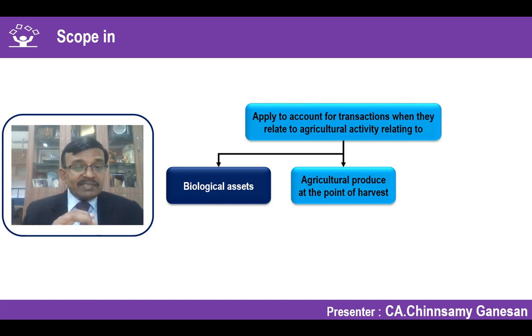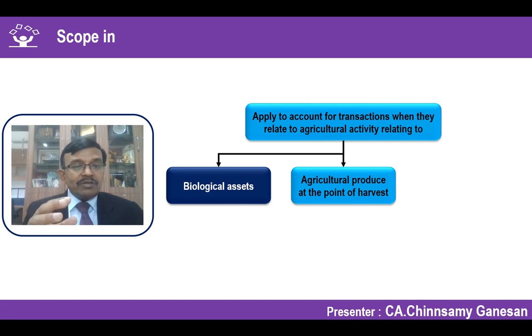What is a bearer biological asset? It is a plant or anything which we can consider as an animal also, but it produces a lot of outputs or agricultural produce. That agricultural produce is actually sold, whereas the biological asset stands as it is as an asset. It is not consumed at the end of the economic useful life. Most likely at the end of the economic useful life, it might be sold as scrap.